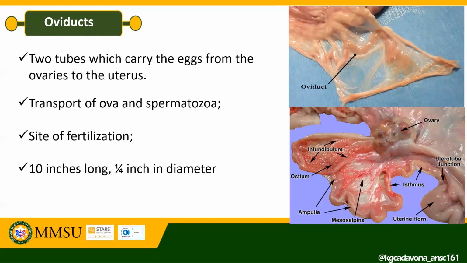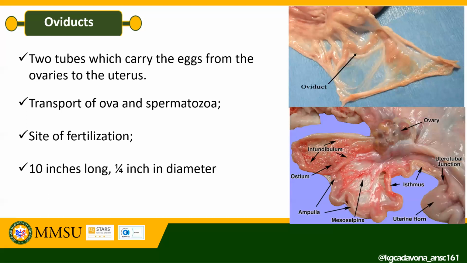If you observed in my previous slide, the uterine horn is above the oviduct, right? Because this one is lying on it. And then the ovarian end of the oviduct is funnel-shaped, which is also known as the infundibulum. The infundibulum catches the egg as it is released from the ovary at ovulation and moves it to the enlarged upper end of the oviduct called the ampulla.